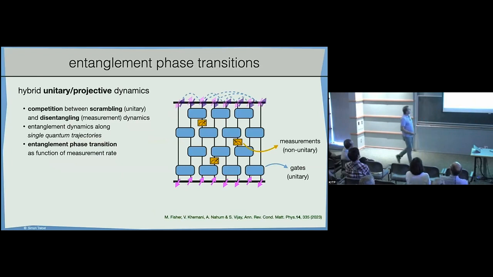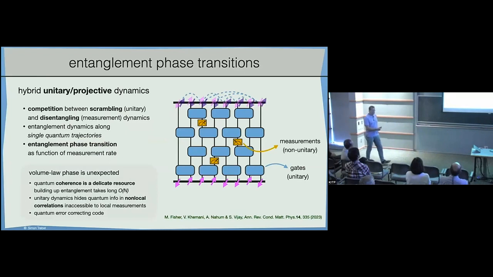And that can drive exactly such a measurement-induced phase transition, something that Matthew invented here at Santa Barbara. And the really interesting aspect of this transition is that the volume law phase actually is stable. Because in the first place, you would think that entanglement can be very easily destroyed by a single measurement, while it takes very many unitaries to build it up.